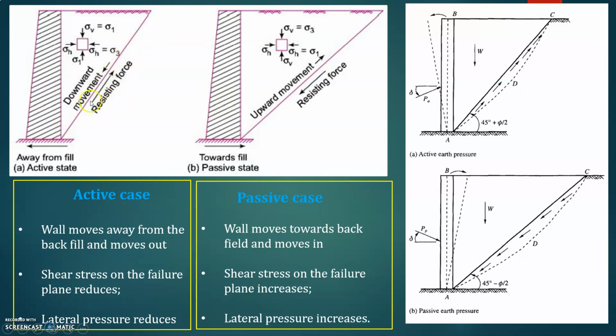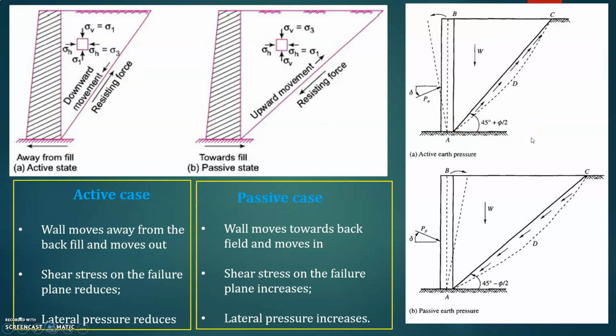This failure plane is also known as the slip line, which makes an angle of 45 plus phi by 2 with the horizontal.